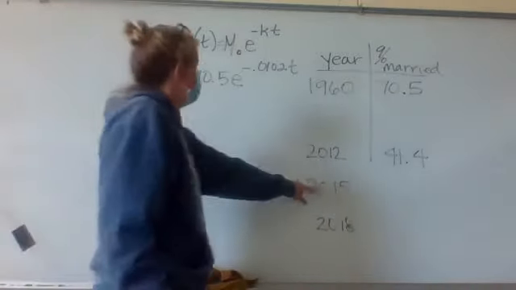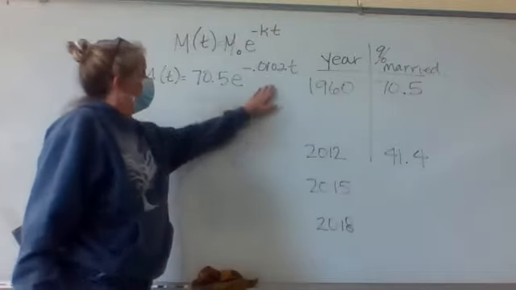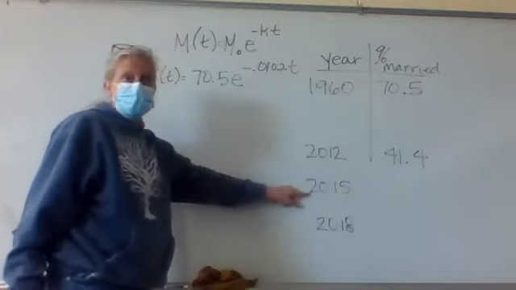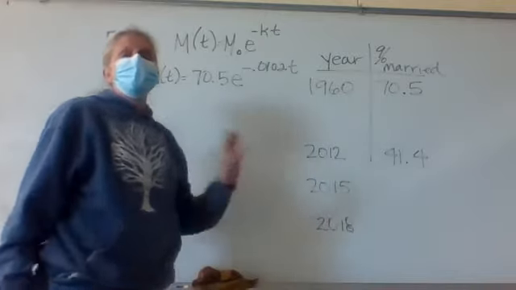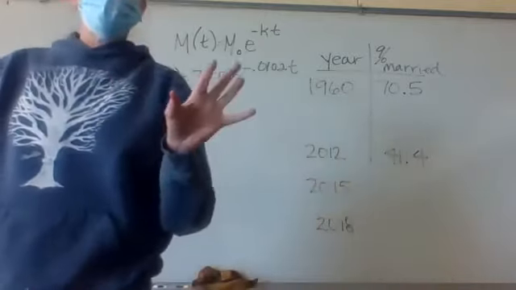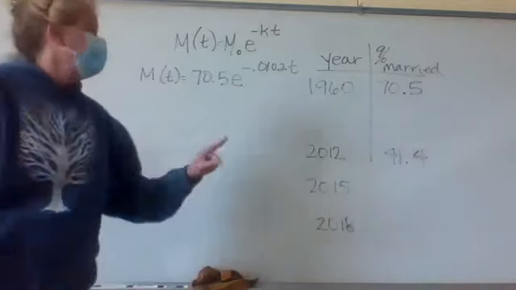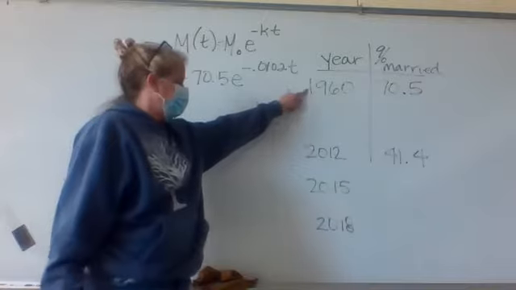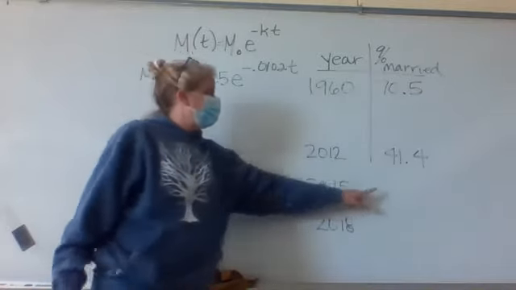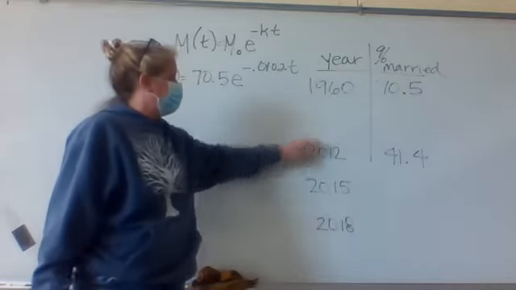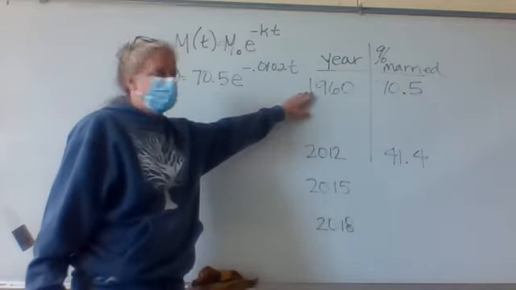So here's my formula. Now I know the T, right? Because it told me the year. Now be careful. What does the T represent? The number of years after the starting time. So if it was in 1960, and now it wants to know the percent married in 2015, how many years has it been since we started?